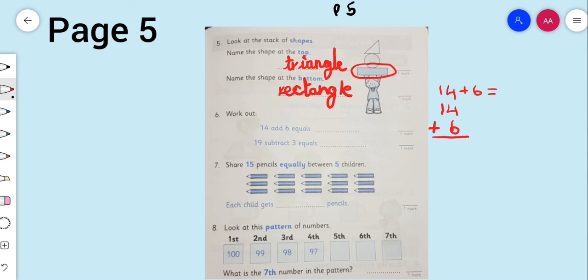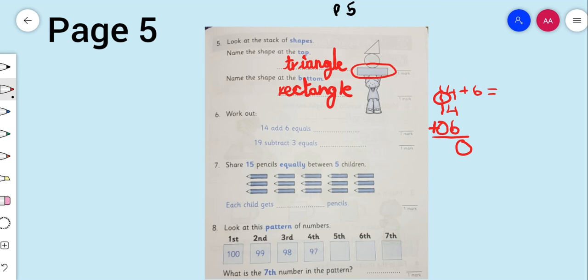But now we can't write 10 here. So we will have to regroup it. Because 10 is from the tens column, we will write 1 right up here. And the 0, we will write 0 here. Then, because there's nothing here, that represents 0.